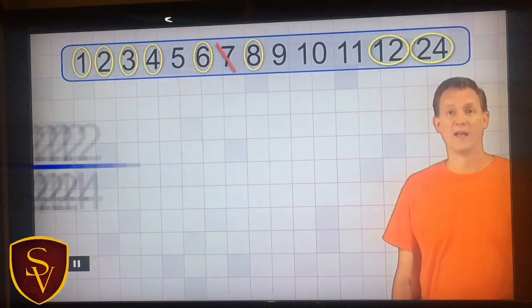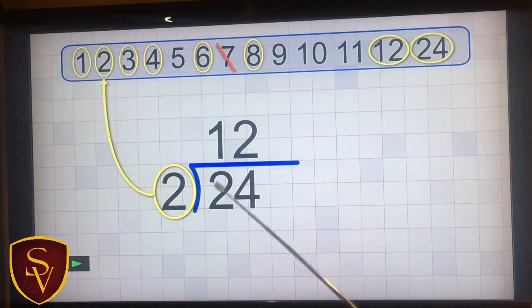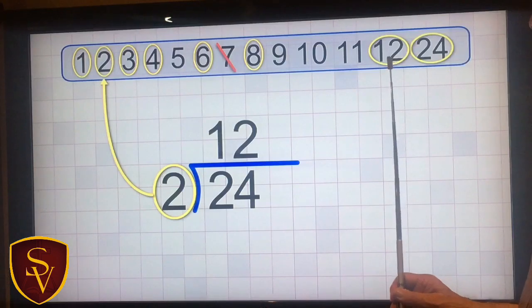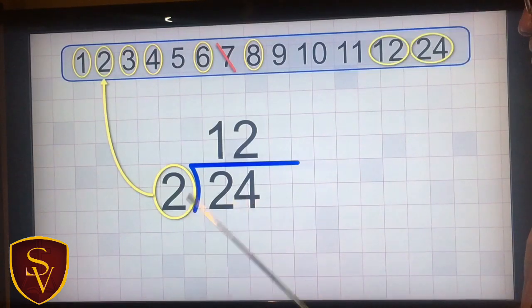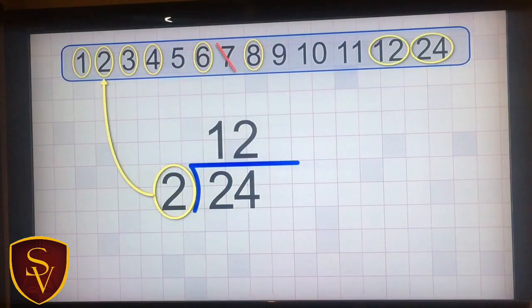As we can see in this chart, we can show the factors that divide 24 by 2. It's going to be 12 and 2. And all the circles are giving us the factors.